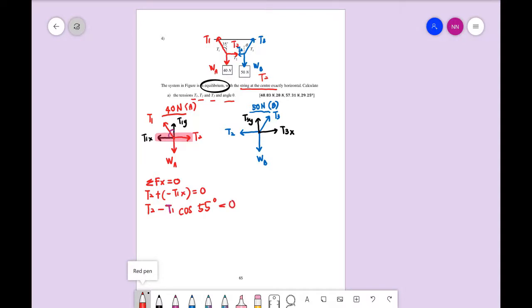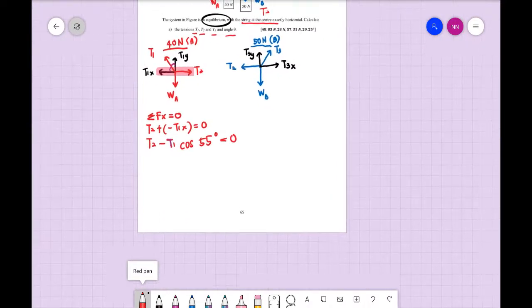Or if you want to use 35 degree, it will be T1 sine 35 degree. The values are the same. Alright? Okay.